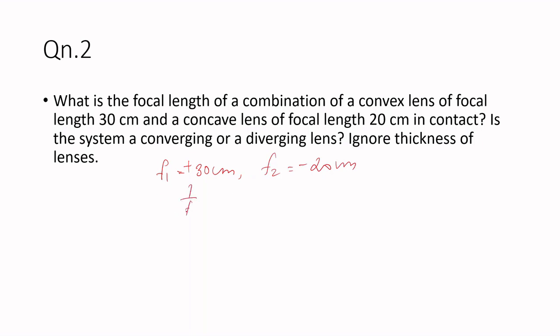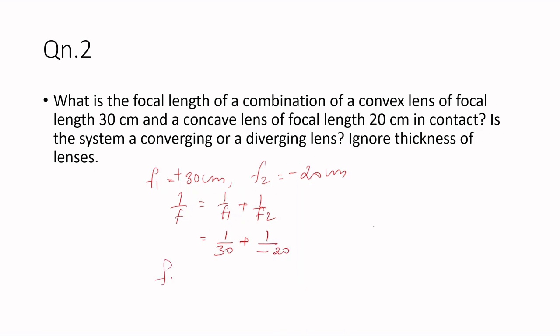So what we do is 1 by f is equal to, as before, 1 by f1 plus 1 by f2. This is 1 by 30 plus 1 by minus 20, which is equal to f1 f2 divided by f1 plus f2. So it is 30 into minus 20 divided by 30 minus 20.